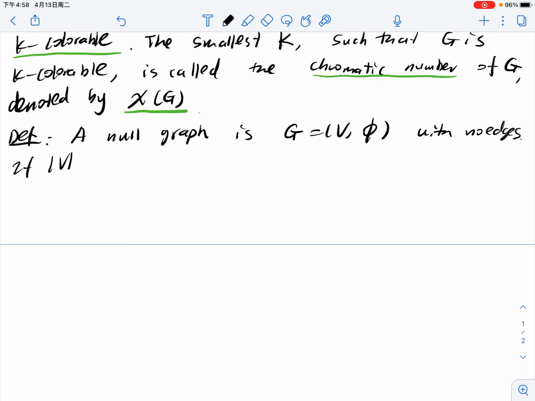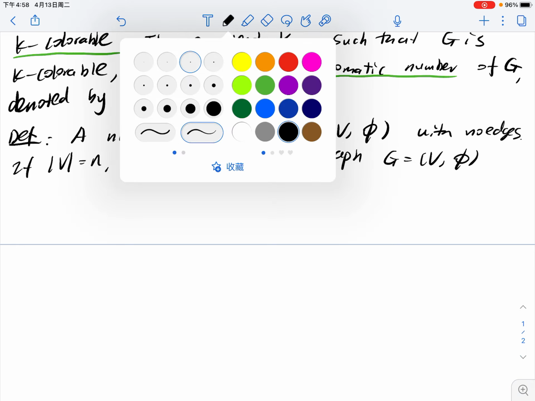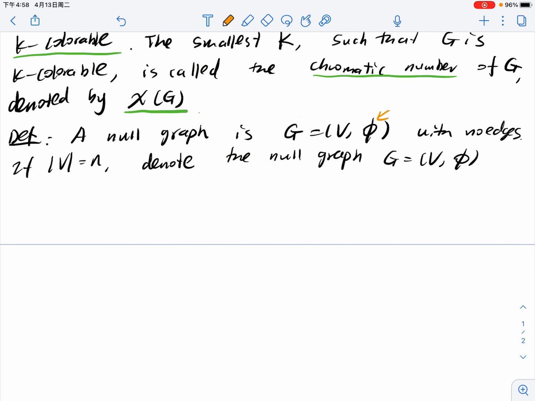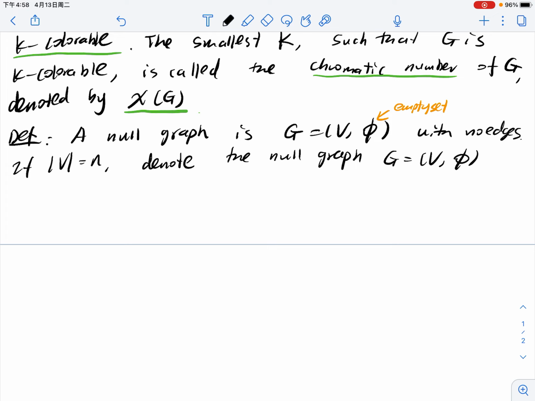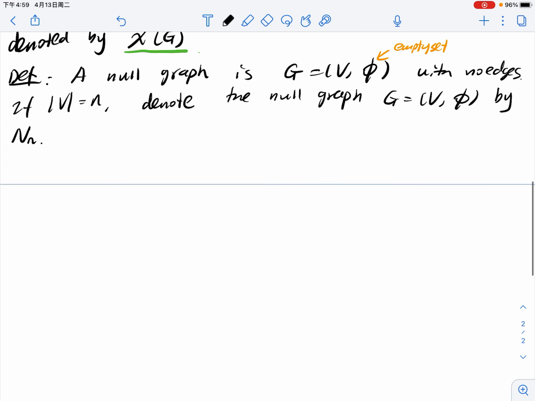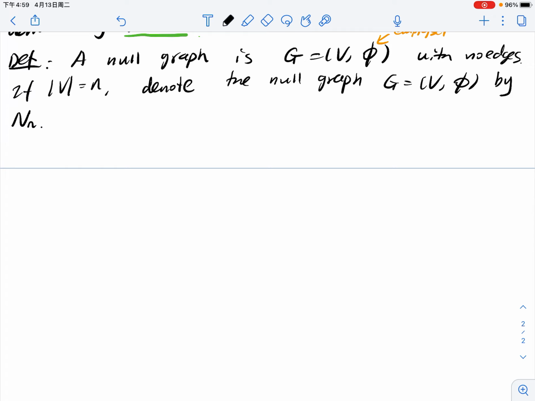So if we have n vertices, then we can denote the null graph G = (V, ∅), a small remark: this is not phi, it's the empty set, by N_n. Or if you have some confusion, you can change this to m, then it's N_m.